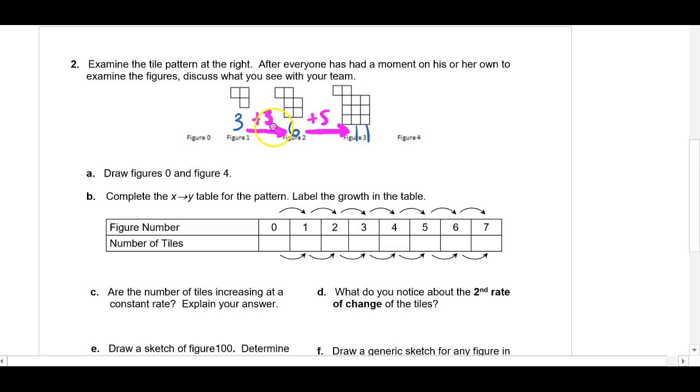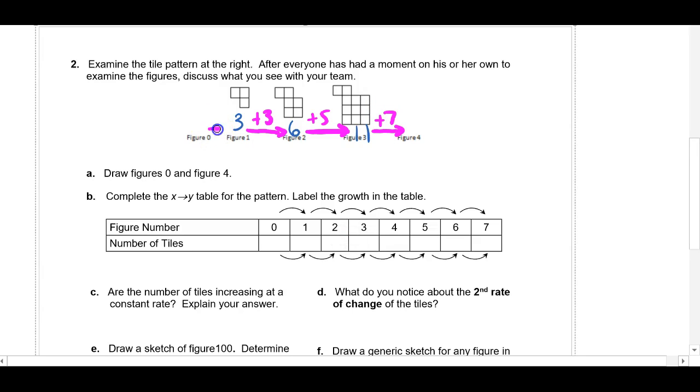You notice that the change doesn't stay the same. It's not plus 3 on the next one. It's changing, so it's changing at a certain pattern, and it seems to increase by 2 each time. So this won't be plus 5, this will be plus 7.